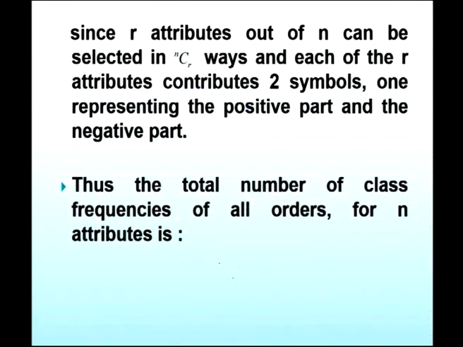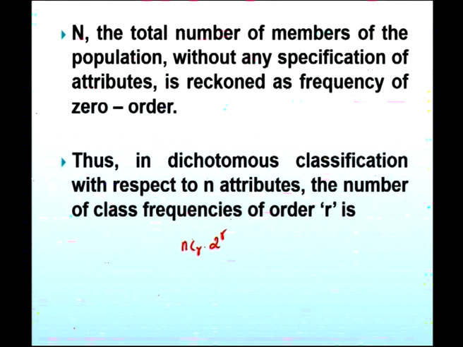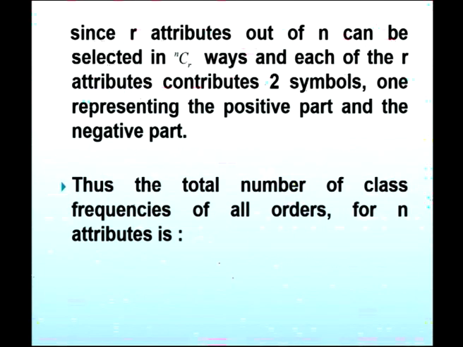There are n attributes, and out of that we are talking about the number of class frequencies of order R. So R attributes have to be chosen from the n attributes, and they can be selected in nCR ways, and each of the R attributes contributes 2 symbols, that is, possession and non-possession. One represents the positive part, meaning possession of the attribute, and the negative part means non-possession of the particular attribute.